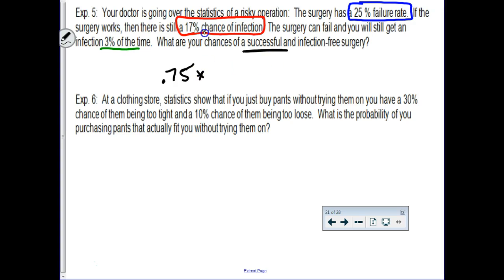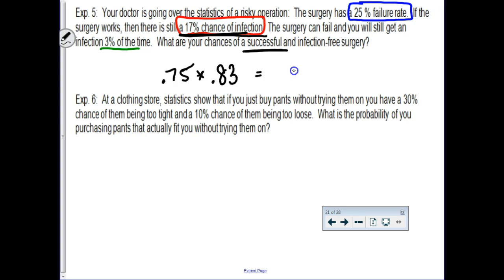Times, and then it says if you're successful, which we apparently are, you still have a 17% chance of infection, so find the complement to that. What's the chance of you being infection-free? 83%.